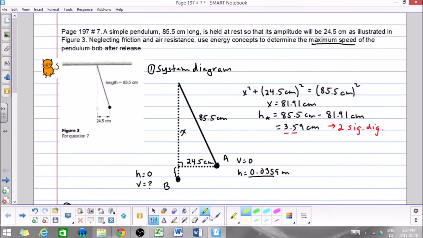To review then, I can't emphasize enough how important it is to have a good system diagram, a nice big one where you can do math if you need to, and you write down what's given, you write down what you need to solve for. This is where you organize all your information.